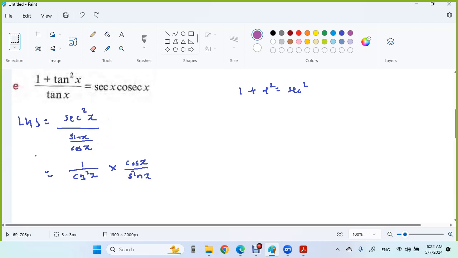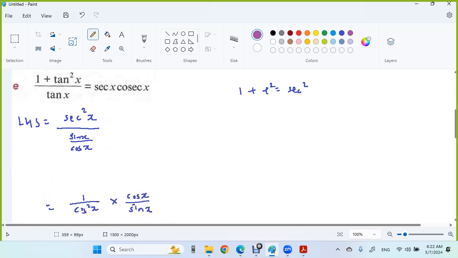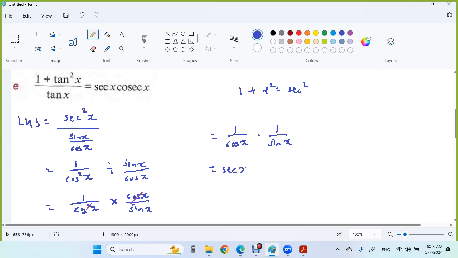Okay, I can say something like this. So it's equal to 1 over cos square x divided by the sine x over cos x. Okay, so this one cancel. Then I have the 1 over cos x multiplied with the 1 over sine x, then it is secant x multiplied with the cosecant x. This is the right hand side.